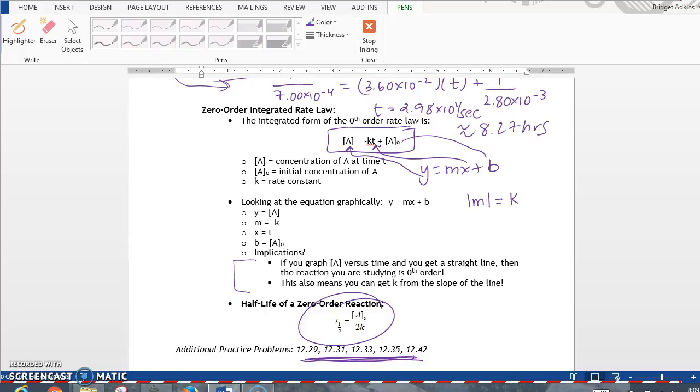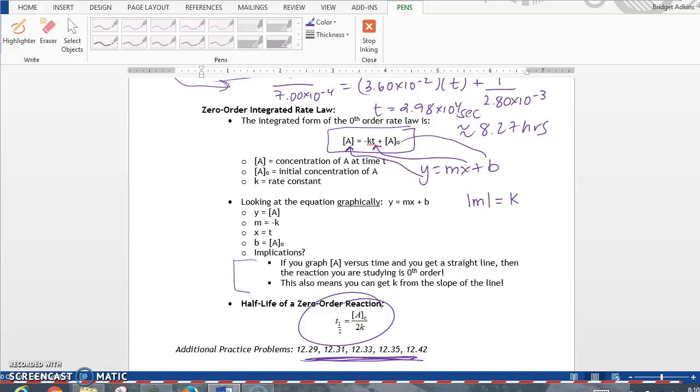You've got to plot the natural log of concentration versus time. You have to plot 1 over concentration versus time. And then you have to plot just concentration versus time. Look at your 3 graphs and see which one gives you the straight line, because that tells you if it's 0, first, or second order. So hopefully that makes sense, and that gives you some tips heading into your homework.